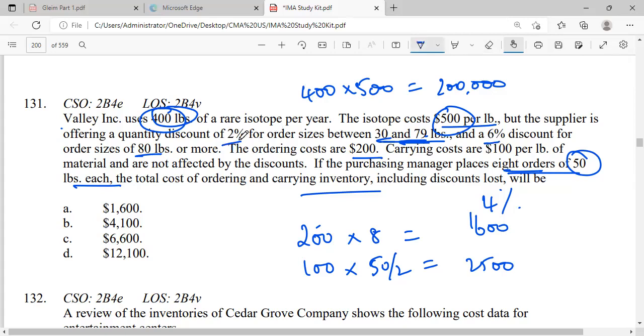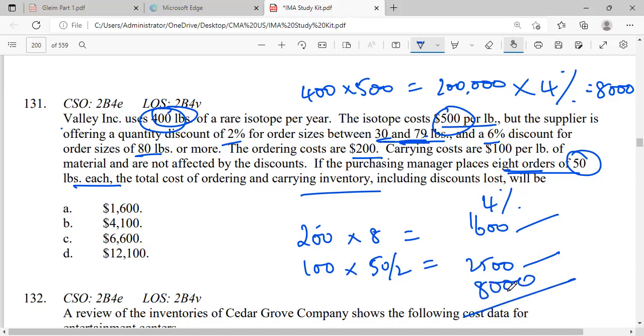So you have lost a discount, because if your order size was 80 pounds or more, then you could have got a 6% discount. But here your order size is 50. So you will get a 2% discount only. So you have foregone 4% of discount. Now 200,000 into 4% equals 8,000. So 1,600 ordering cost, 2,500 carrying cost, and the lost discount of 8,000.